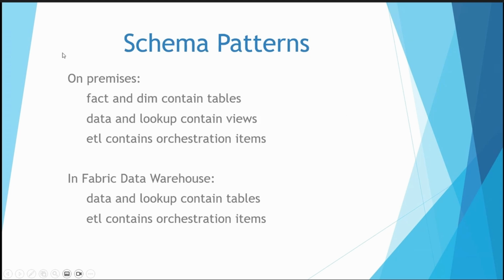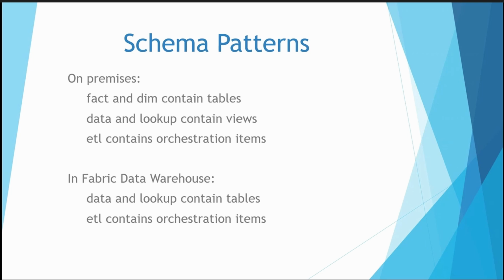One thing this does for me is it changes some of my patterns if I want to use the Direct Lake mode. My current pattern is that I contain my tables in two schemas called fact and dim for dimension.